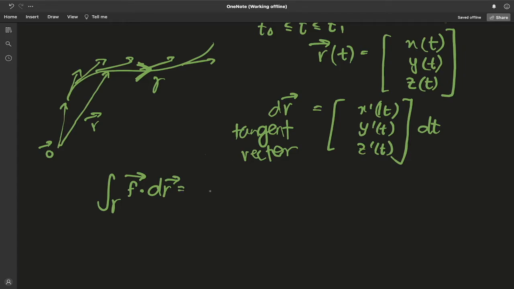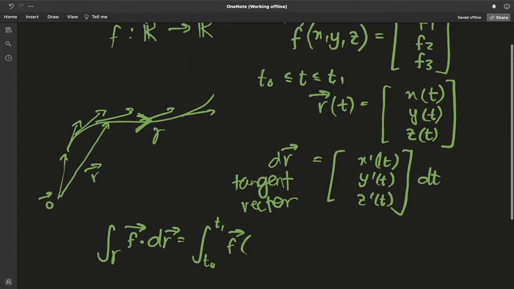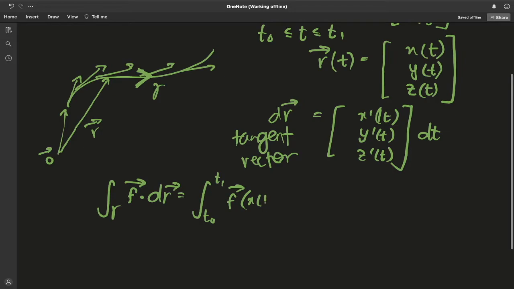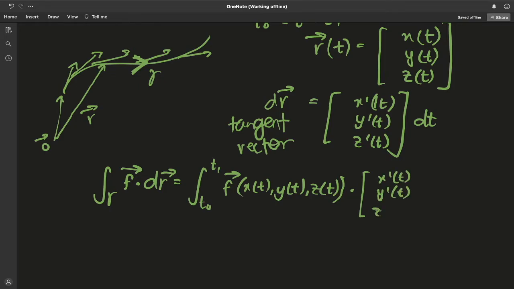Okay, we can expand this out since we have a parameterization. This becomes the integral from t0 to t1 of f of, now plug in the parameterization. So the x, y, z of f will be x of t, y of t, and z of t, dotted with x prime of t, y prime of t, z prime of t, with a dt.